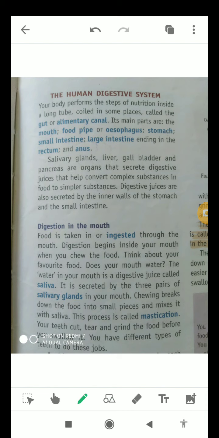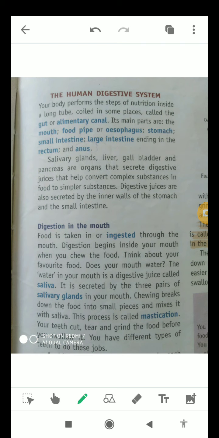Apart from this, salivary glands are also available. Liver, gallbladder and pancreas are the organs that secrete digestive juices. As we all know, digestive juices help in digestion, and they also help to convert complex food substances into simple food substances.